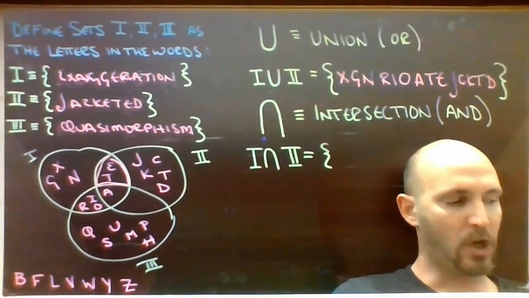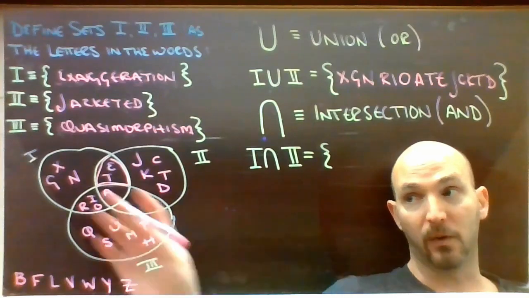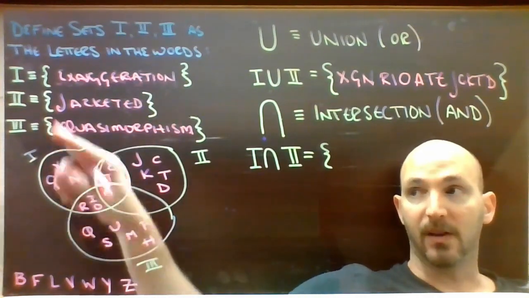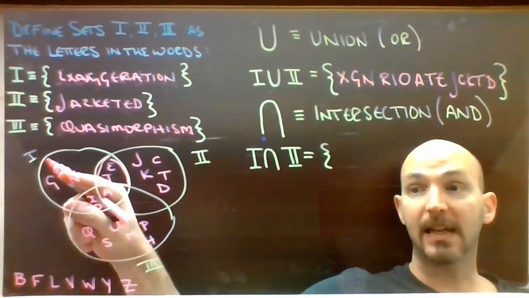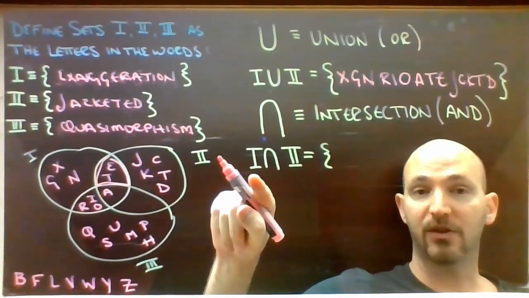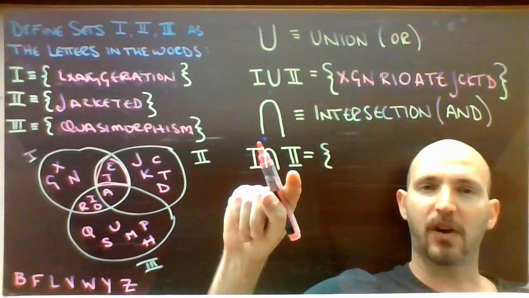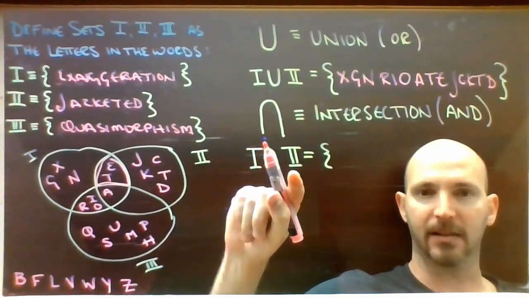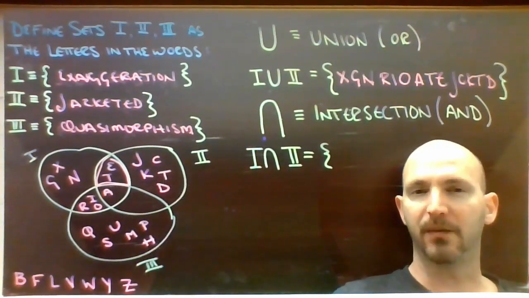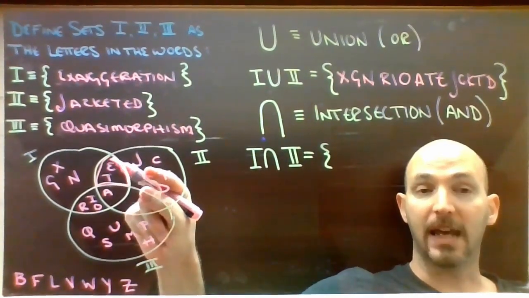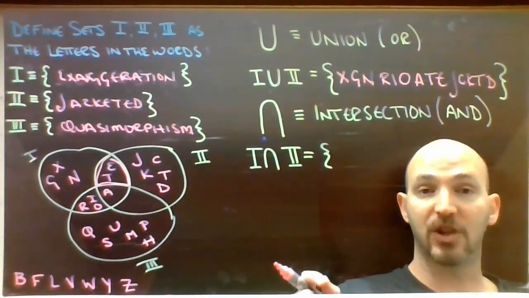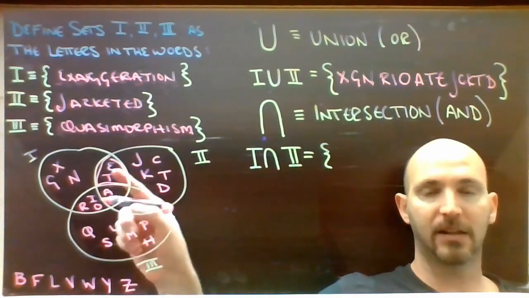If I were to go and look in my set number 1 over here, so that's the letters in the word exaggeration, this X is in exaggeration, but it didn't meet the criteria of being in jacketed. So X doesn't get to come on the field trip. It gets left behind. This letter here, the J, it met the criteria of being in jacketed, but it was not in exaggeration.